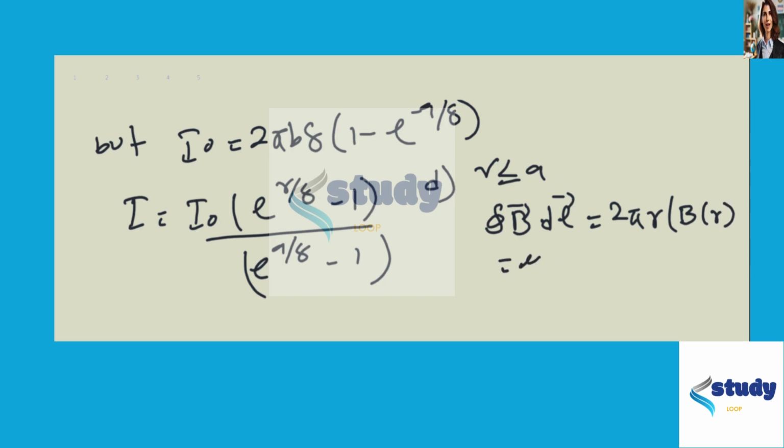This is equal to mu naught times current enclosed. So mu naught times, we'll substitute this I naught times e to the r over delta minus 1 divided by e to the a over delta minus 1.